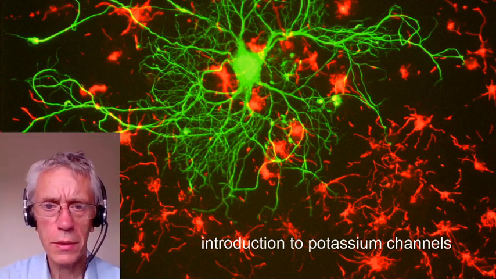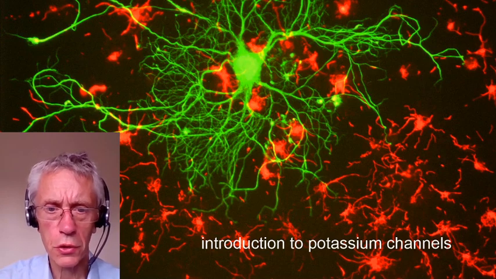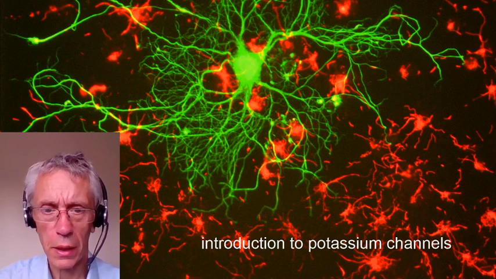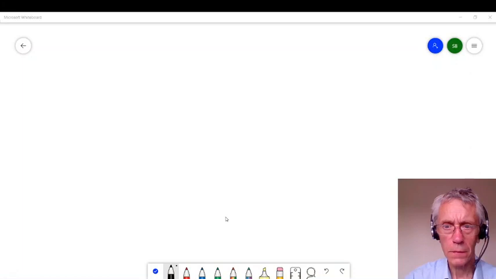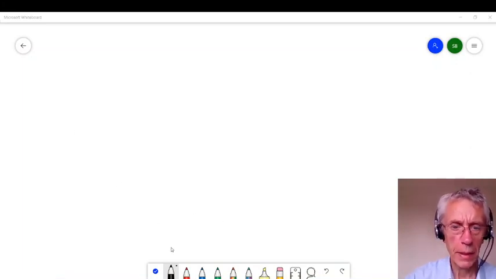In this video I'm going to give you a brief introduction to potassium channels. The first thing to realise is that there are actually four main kinds of potassium channel.